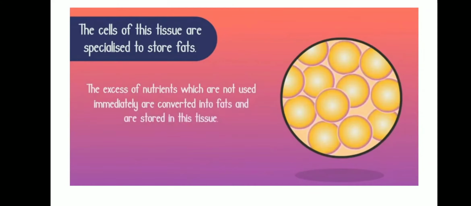And the cells of this tissue are specialized to store the fats. The excess of nutrients which are not used immediately are converted into fat and are stored in this tissue. So it is acting as a fat reservoir.